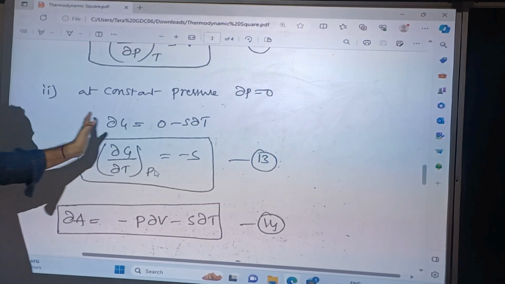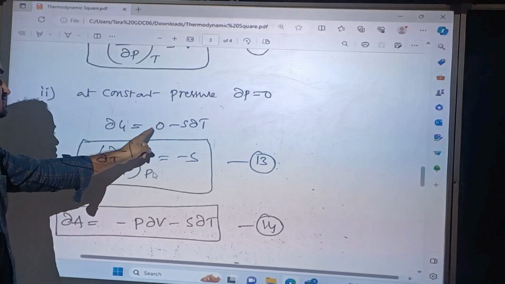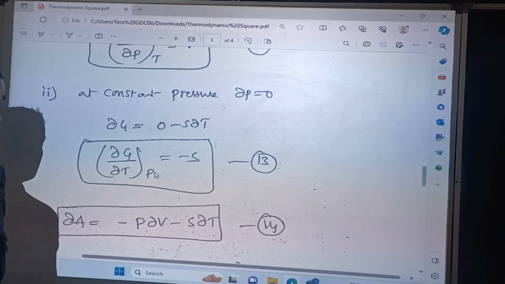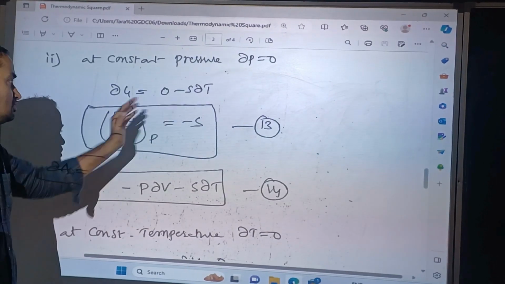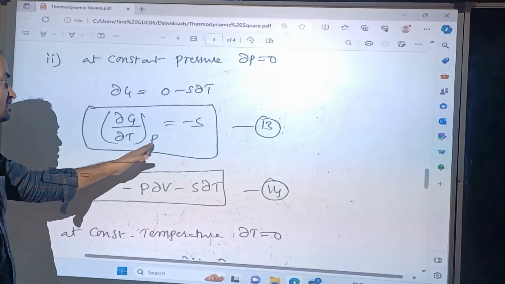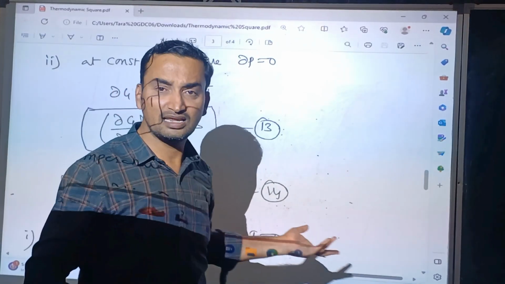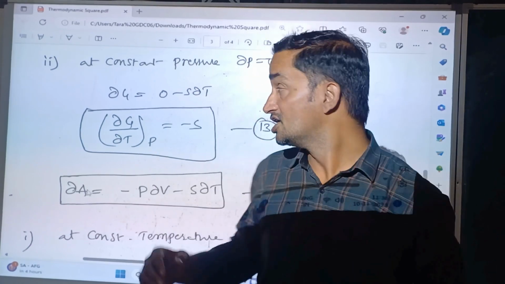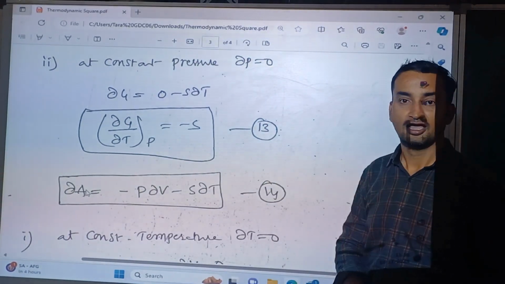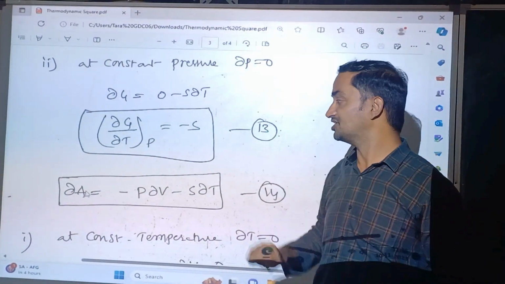So we get the relation like this: dG equal to 0 minus S dT. Now if I take dT to the left side, ∂G by ∂T at constant pressure is minus entropy. Easy, beta, 13th. So that is the 13th relation. Till now we have got 13 relations.